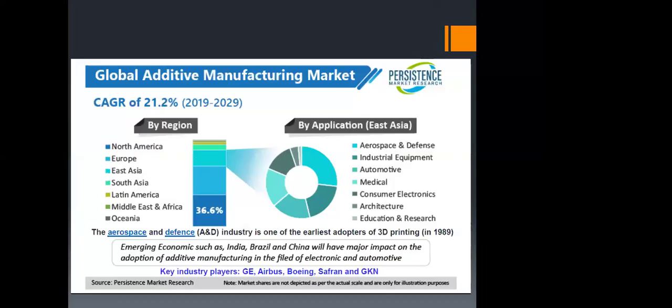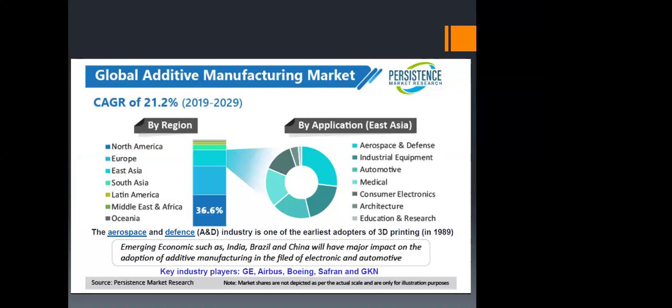This is a market research which shows the impact of additive manufacturing. What is the global additive manufacturing market? In recent years, region-wise and application-wise, the demand for additive manufacturing is increasing.